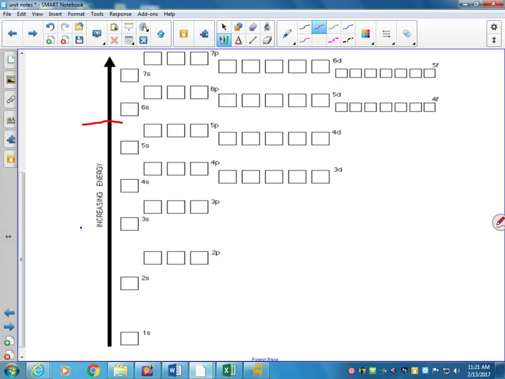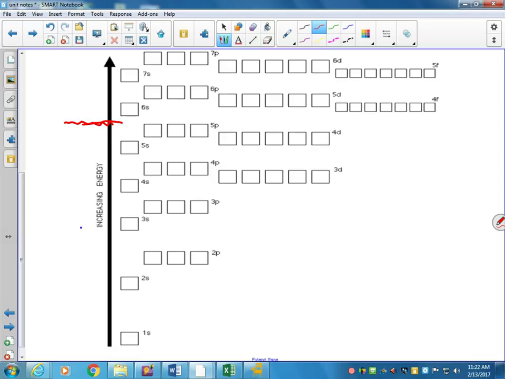Because remember, I wanted you to know about the s's and p's, what they actually looked like. Then the d's, I need you to be able to fill in, but we weren't even talking about the f's. Okay? So even though the energy level diagram carries on above that, and these f's are your lanthanoid and actinoid series, I want you to be able to fill out an energy level diagram as we go through this.